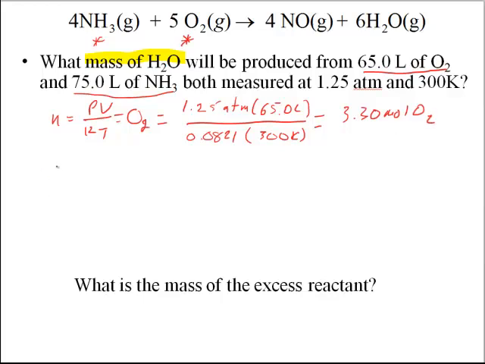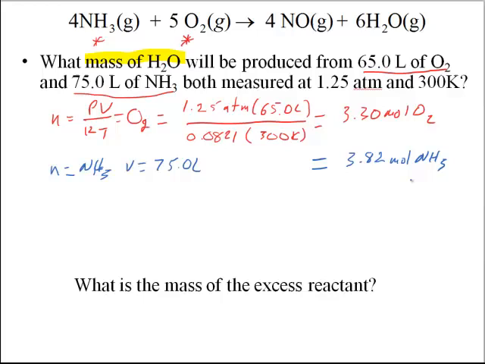Now the next one, for the number of moles of ammonia, it's exactly the same setup right here, except my volume is going to equal 75 liters. Okay, so without doing all that, the value I got for ammonia was 3.82 moles. Now you should definitely check my math just to make sure I didn't mess it up. But so we've got two amounts there.